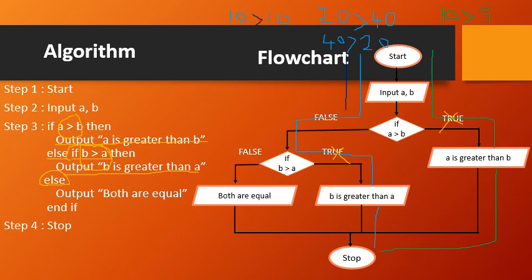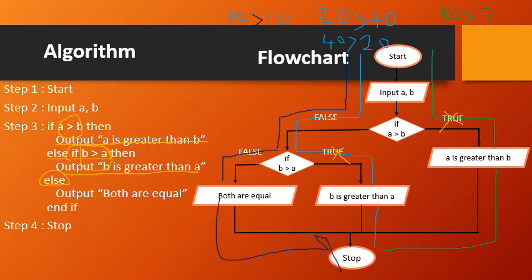No, 10 is not greater than 10. So it will come onto the false part. Then it comes over here. B is what? 10 greater than A. A is again 10. Is 10 greater than 10? No. So it will come on the other side. Then what will it display? Both are equal. Yes, both the numbers here, A and B, that is 10 and 10, are equal, will be displayed and the flow will stop over here.